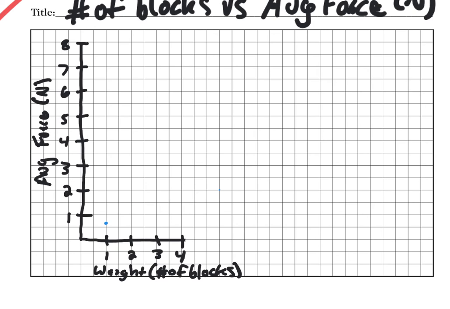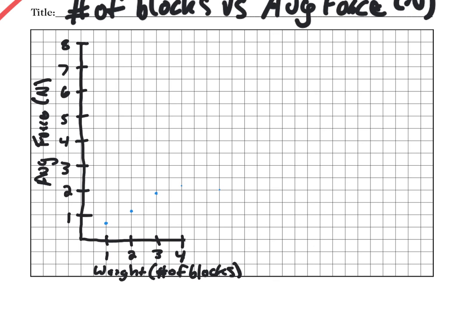All right, so I'm going to stop highlighting these with the laser and then just start marking these. At 3 blocks, our tabletop force of friction was 1.80. So it'll be about right there. And then 4, our 4th block for the tabletop was 2.20.